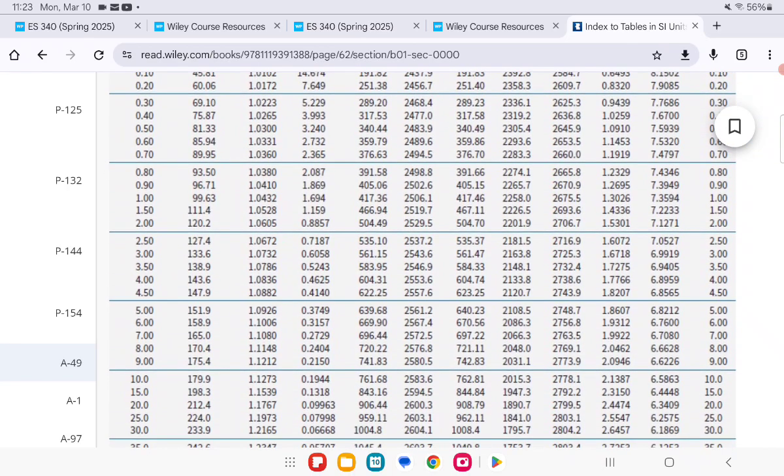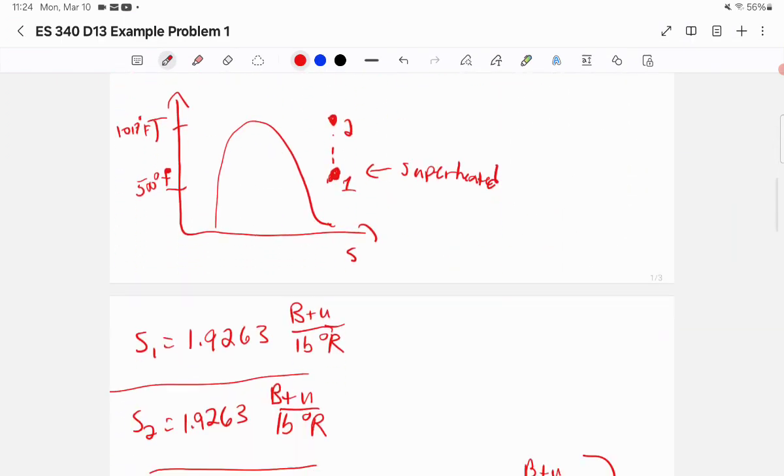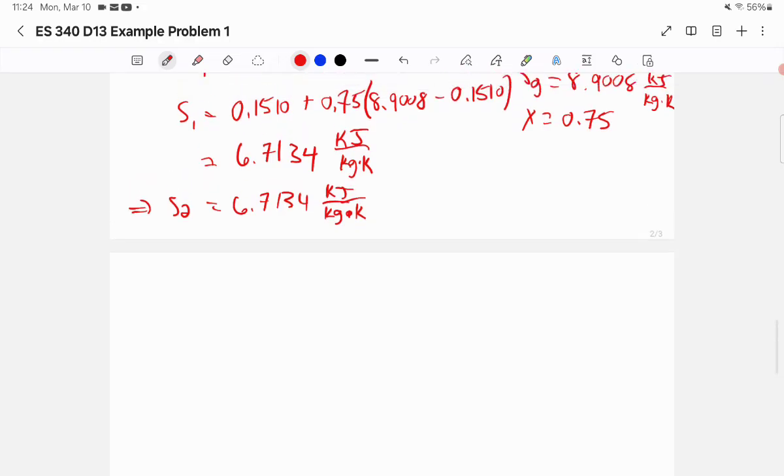So I'm going to scroll down here and look for 6.7134, which was the value we know S2 is, but unfortunately, again, it's in between two values, 6.76 and 6.708. That's between a pressure of 6 and 7. So I'm going to have to interpolate now in order to find this. I'll do this one last example of interpolation, and then I'll let you figure out how to do the interpolation again. Remind yourself for the next part.